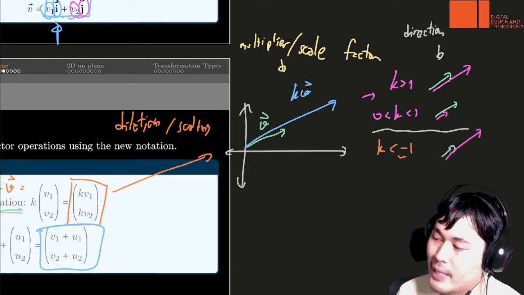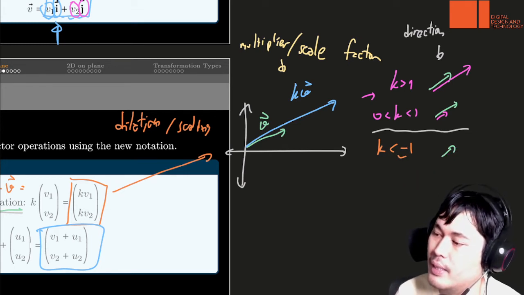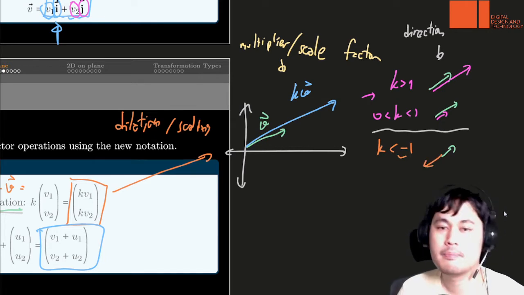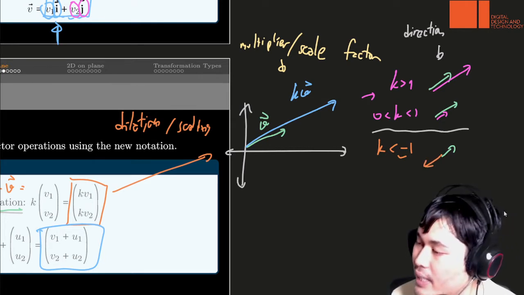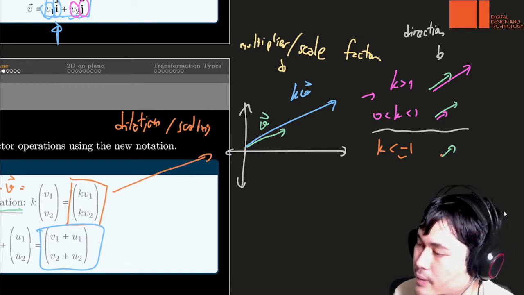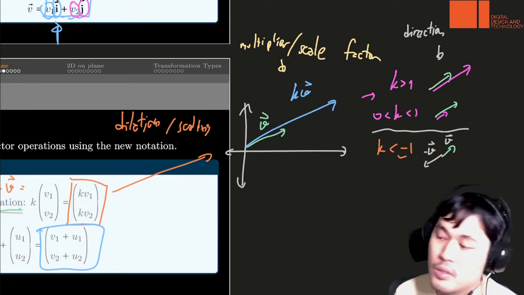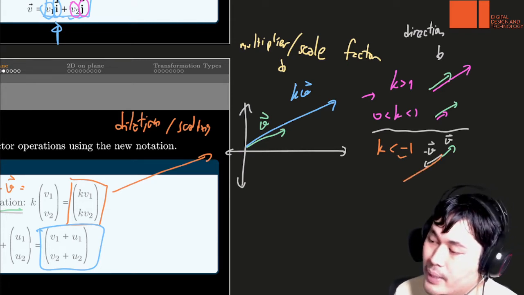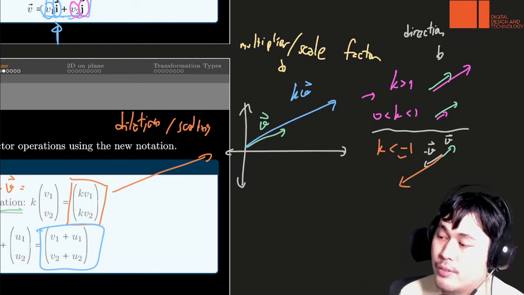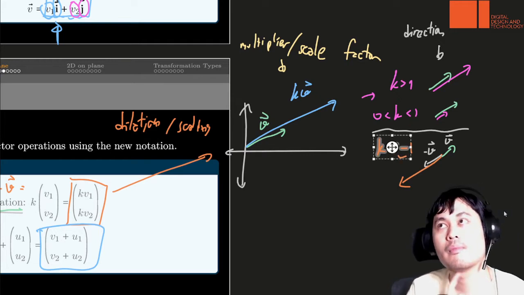Then this negative part means you go in the opposite direction, and then you scale it by a number. Actually, yeah, this is a minus a vector. You flip it, and then you scale it. So this will be the result from multiplying a vector by a negative and high number.